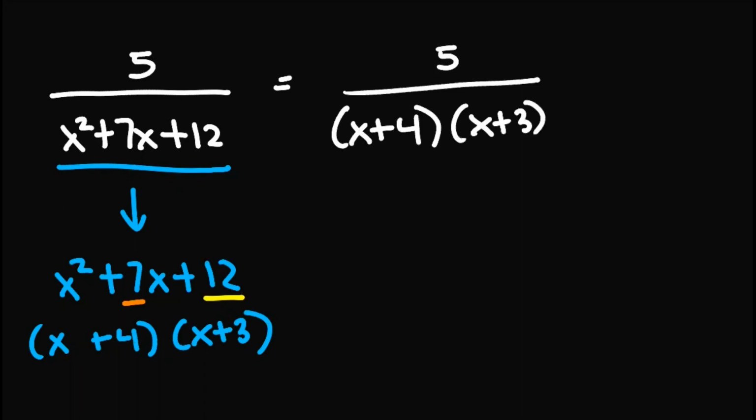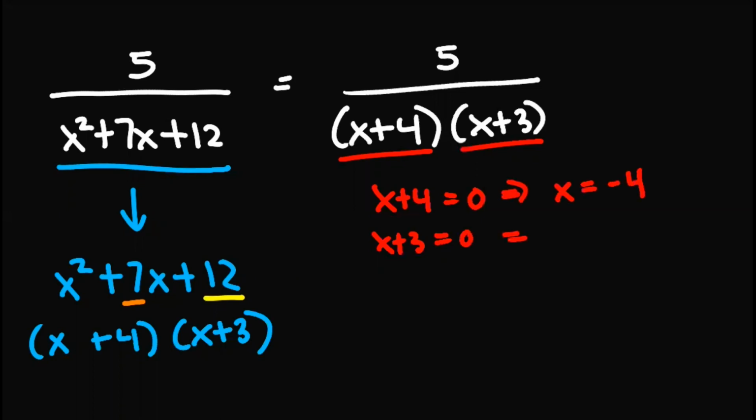And to determine when this denominator will be equal to 0, we have x plus 4 equals 0 and x plus 3 equals 0. X plus 4 is equal to 0 when x is equal to -4. X plus 3 is equal to 0 when x is equal to -3.